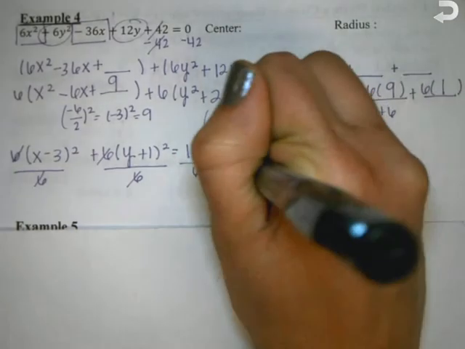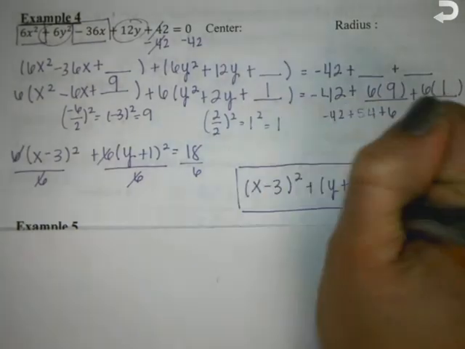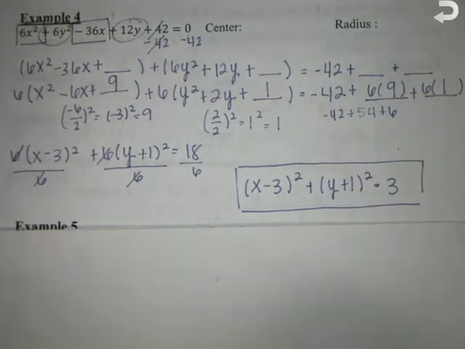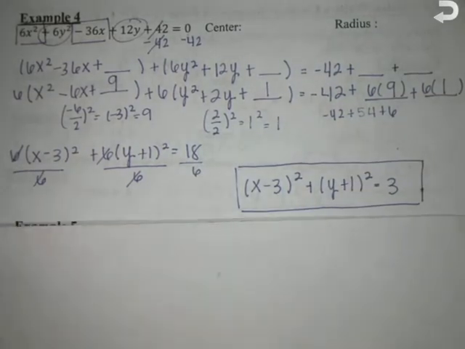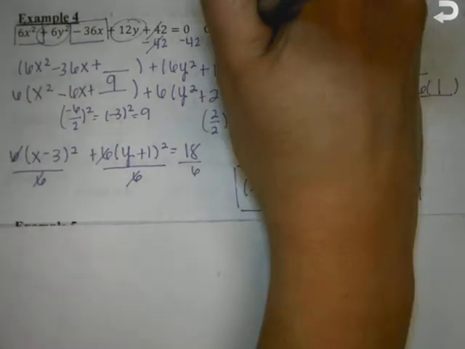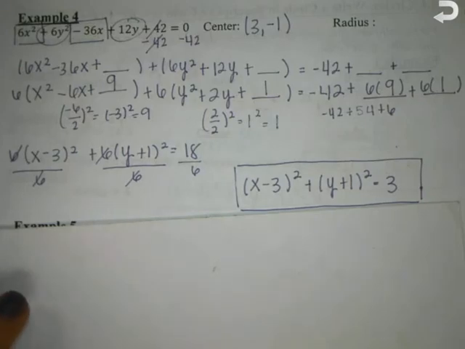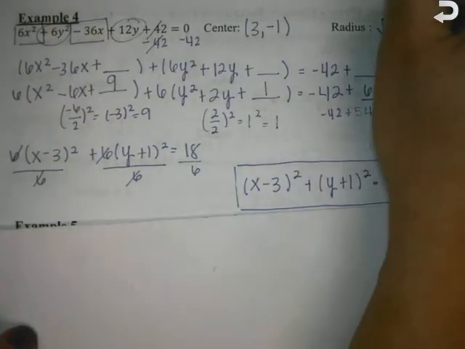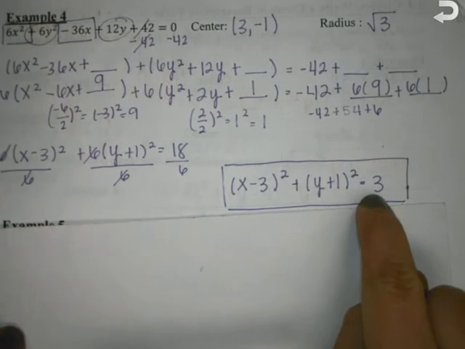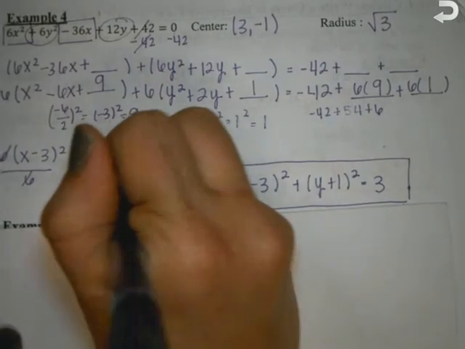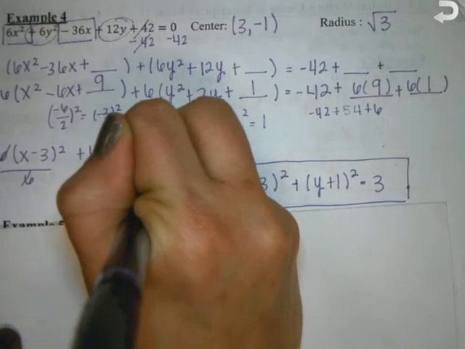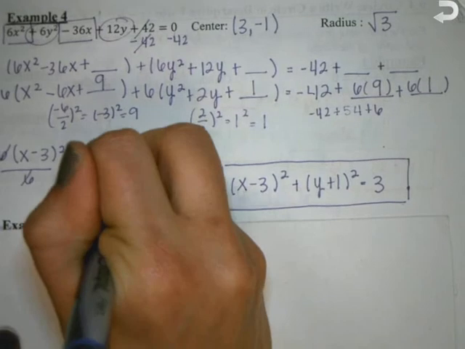Excellent. 3, negative 1. What is the radius? Square root of 3. Remember, this is the r squared, not the r. So we have to take the square root of both sides to get our r. Okay? So that's how we find r for the radius.